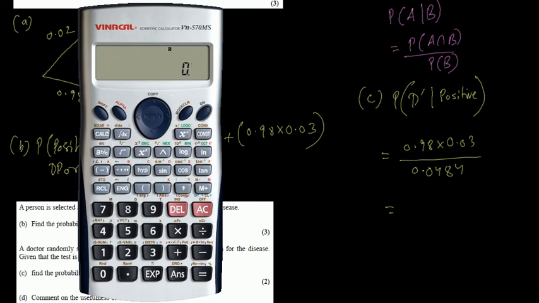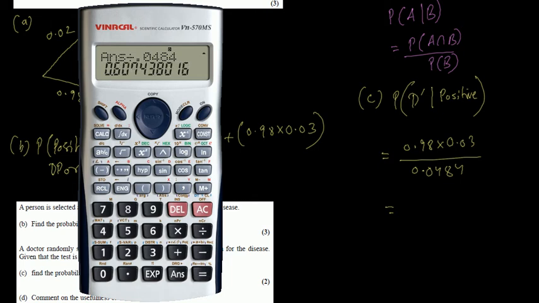So the calculation would be 0.98 multiplied by 0.03, divided by 0.0484.